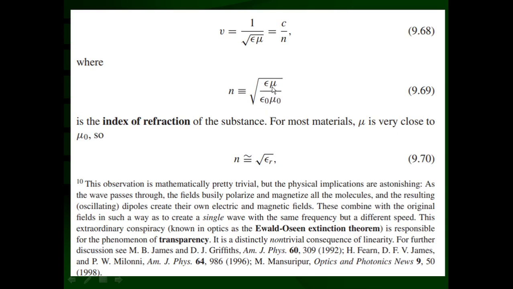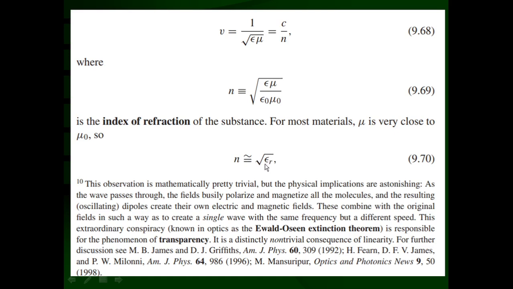So in the numerator and denominator they cancel out, remaining n approximately equal to under root epsilon upon epsilon 0. Epsilon upon epsilon 0 is nothing but the relative permittivity, also known as the dielectric constant of a given material. So the refractive index is equal to the under root of the dielectric constant of the given material.